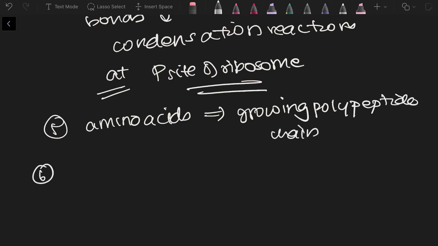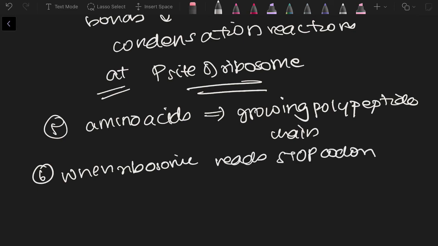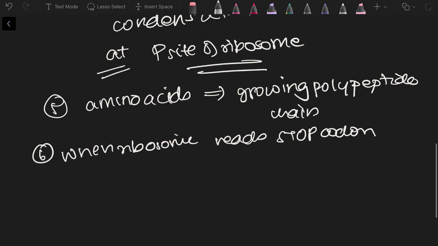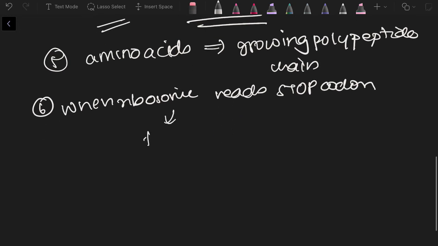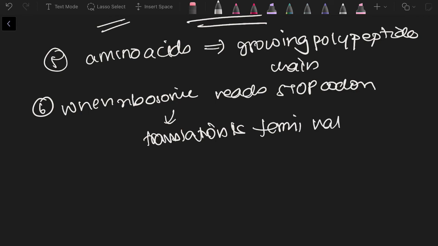After this, the ribosome continues to read along the mRNA strand until it reads the stop codon. Remember, stop codon and start codon are important because they initiate and terminate the translation process. So once it reaches the stop codon, translation gets terminated. How is it terminated?